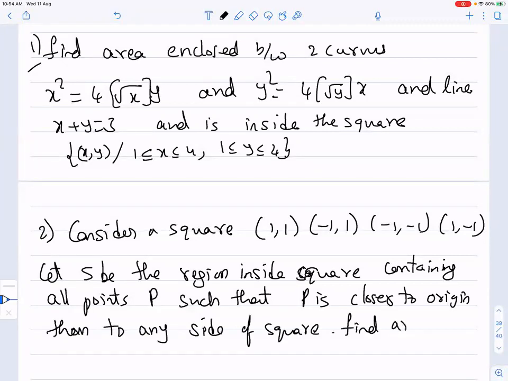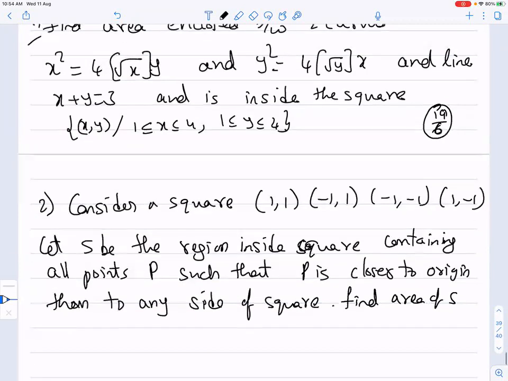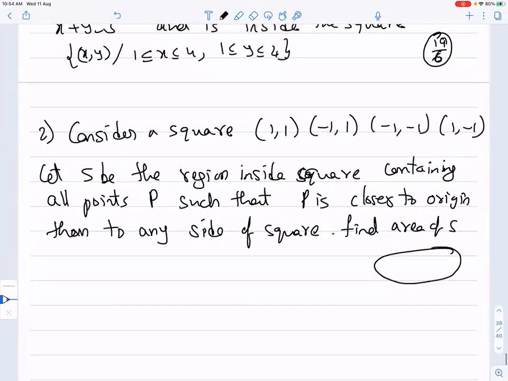Find area of S. See, पिछले क्वेश्चन का आंसर है 19/6. ओके, ये वाले क्वेश्चन का आंसर है 4/3 into 4√2 - 5.